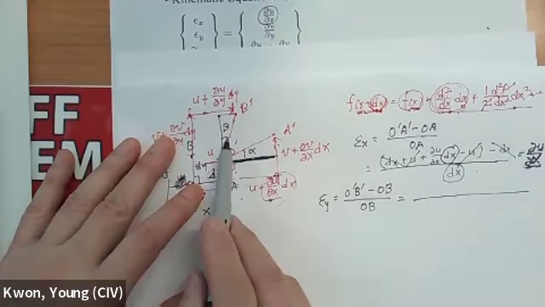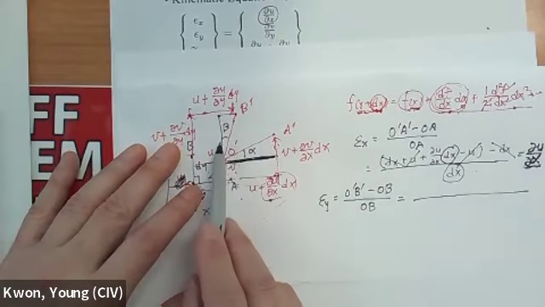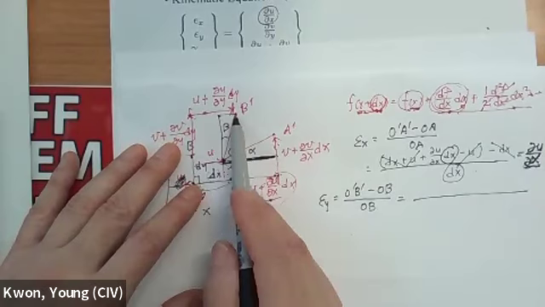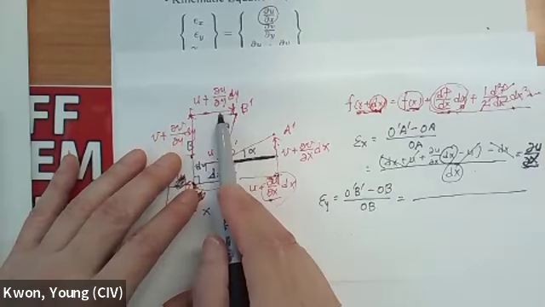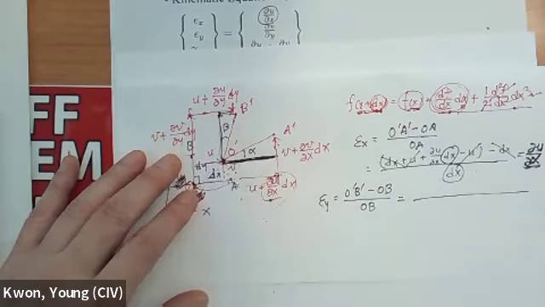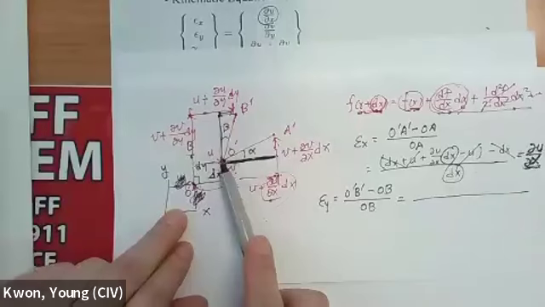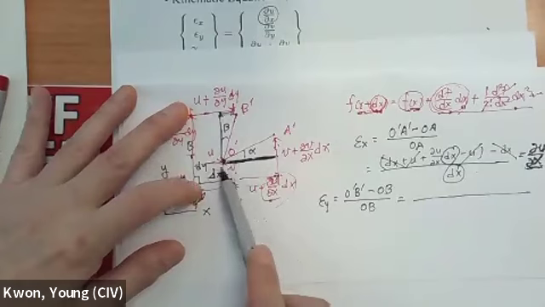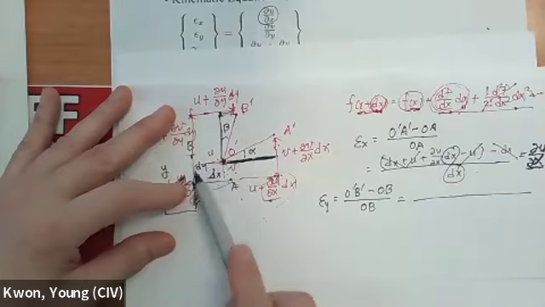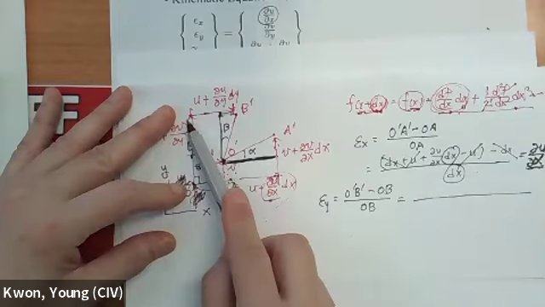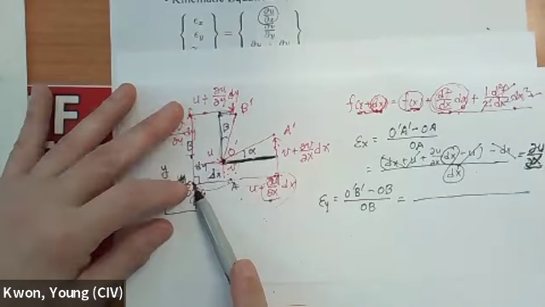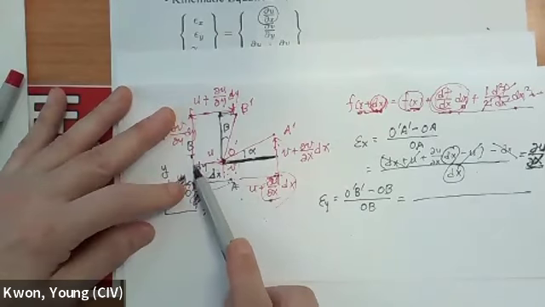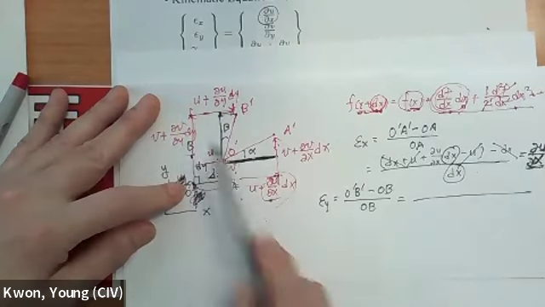And if beta is such a small angle, then this length is going to be equal to this length. And to find this length, how do you find it? From here to here minus this one. And from here to here is going to be this plus that.